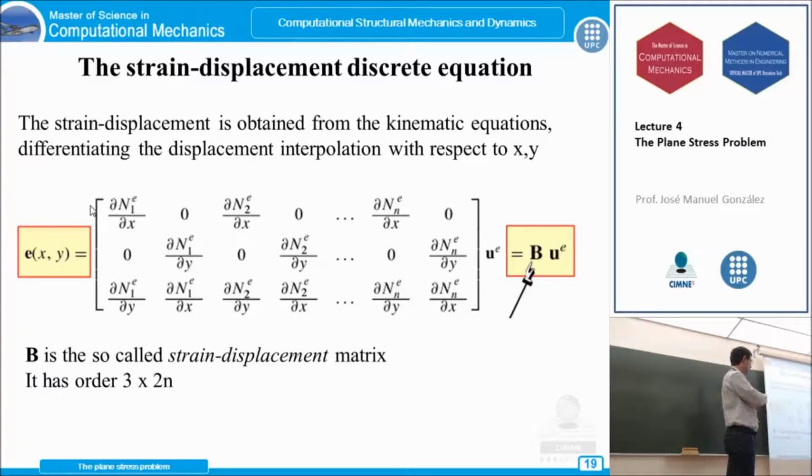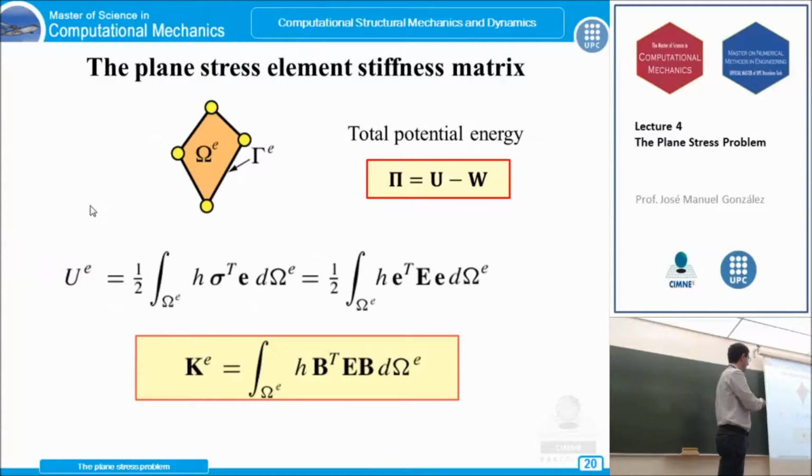We relate this strain vector, three components, with the nodal displacement using this strain displacement matrix B, calculated from the derivatives of the shape functions used to interpolate the displacement function. In this case, this B matrix has order 3 by 2n, where n is the number of nodes of the discretized element.